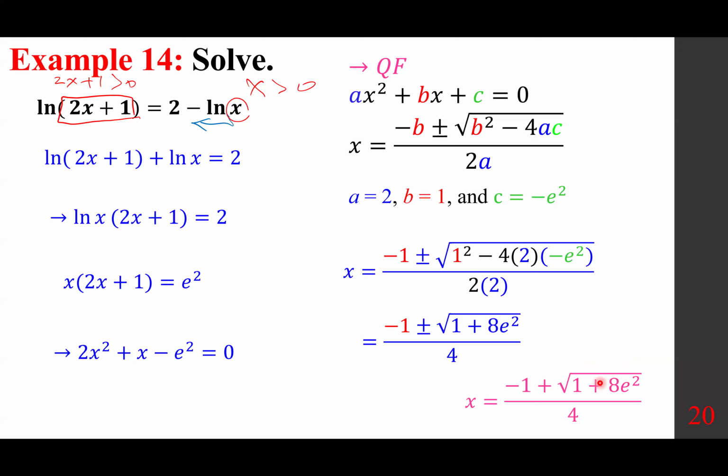When you take it out, the square root is larger than 1 and it makes the numerator definitely positive, divided by 4. You can use a calculator and approximate it. If you use the other one, negative 1 minus the square root of 1 plus 8e squared over 4, you don't even need a calculator to recognize it's a negative number. We need x larger than 0.